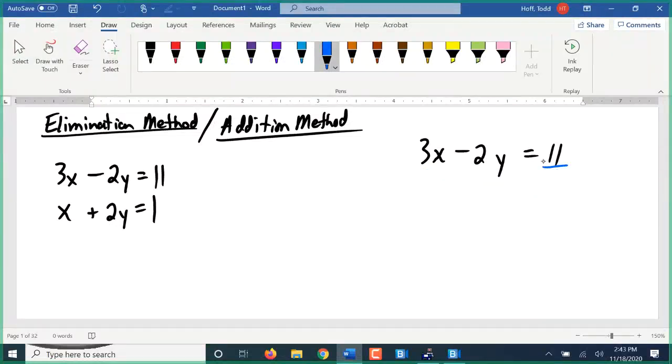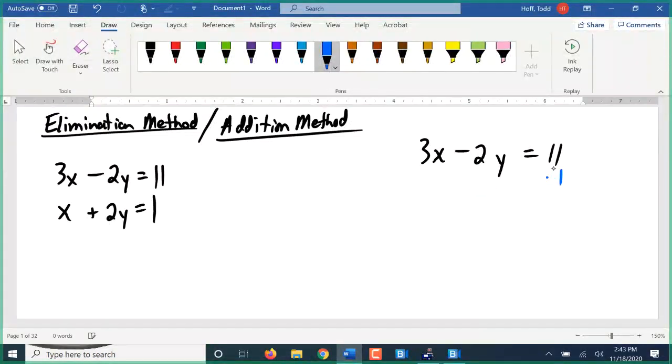If I add 1 to both sides, if I add 1 over here and I add 1 over here, it's not going to change that equation. So that's what I'm actually going to do here. I'm going to add 1 to both sides. Only I'm not going to do it in the same form.